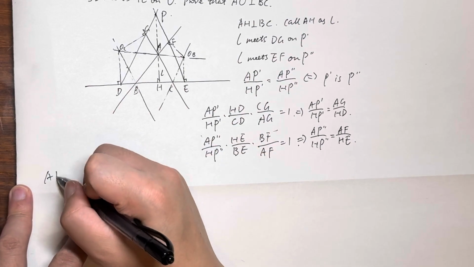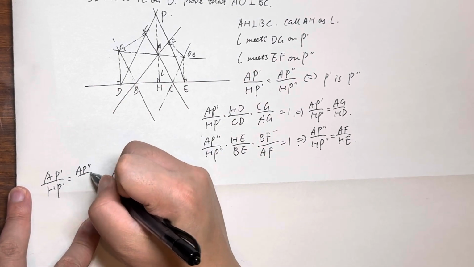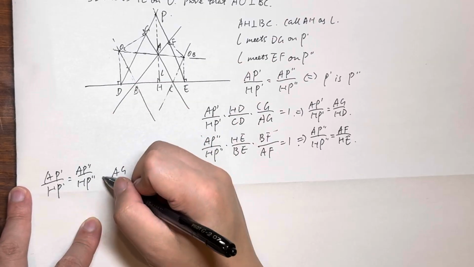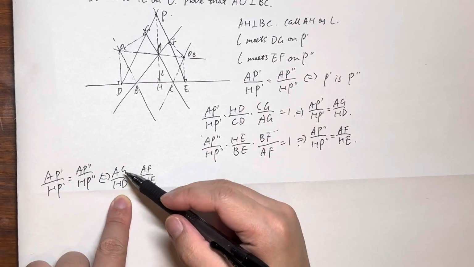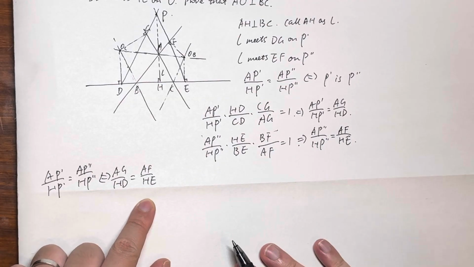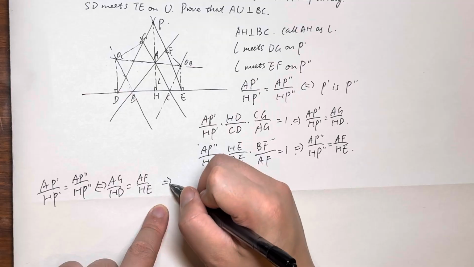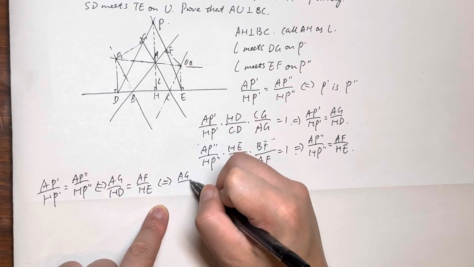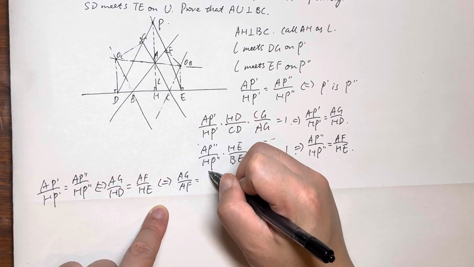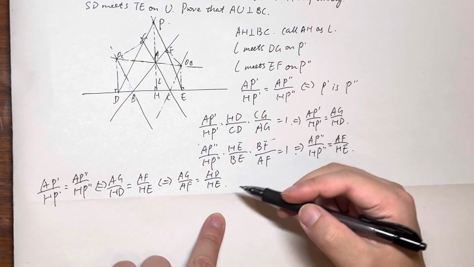So showing AP prime to HP prime equals AP double prime to HP double prime is equivalent to proving that AG to HD equals AF to HE, right? And this is equivalent to AG to AF equals HD to HE, right?